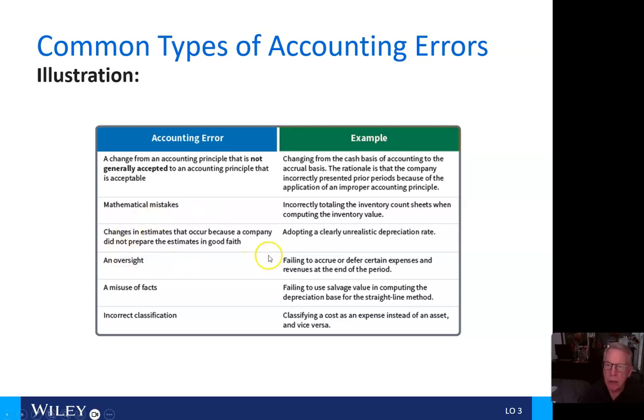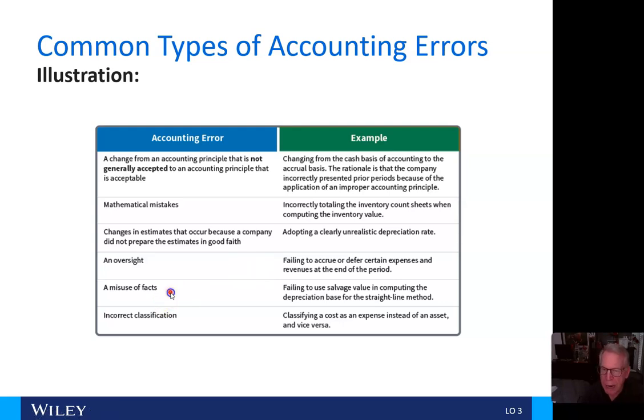Next, changes in estimates that occur because a company did not prepare the estimates in good faith. And an example would be adopting a clearly unrealistic depreciation rate. The next error would be a flat oversight. And here the example would be failing to accrue or defer certain expenses and revenues at the end of a period.